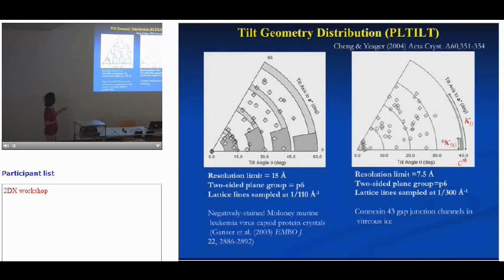So basically, any images will have some overlap in that way. So you don't require a very dense distribution in your tilt in order to get enough oversampling to create a good fitting.